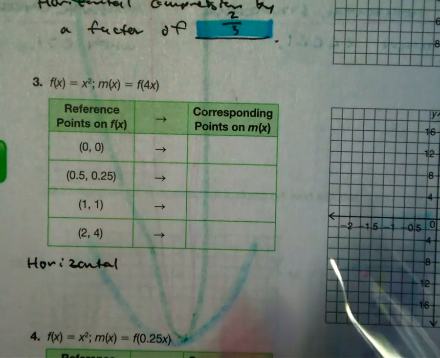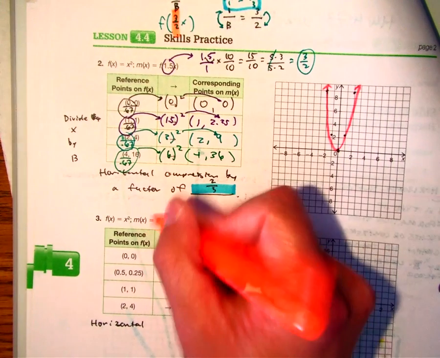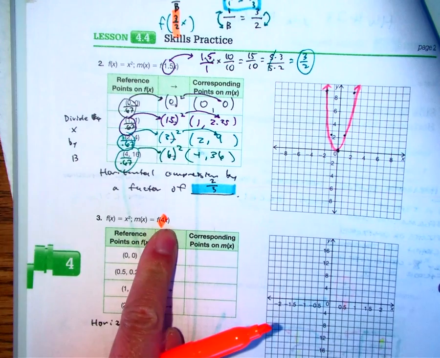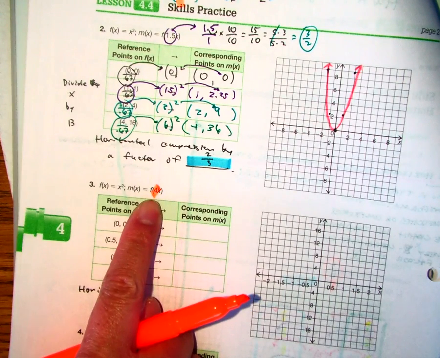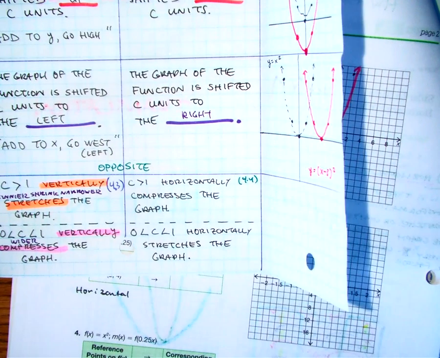So, in our last problem, the first number that I highlighted here was this number, 4. In that problem, we highlighted the 3/2. If I highlight the 4, Sarah, is 4 greater than 1 or between 0 and 1?